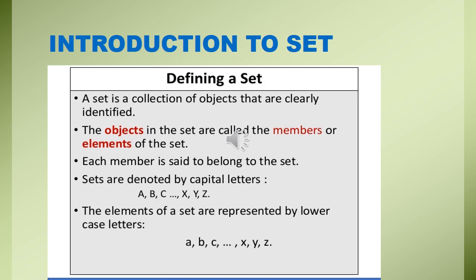Clear? But in mathematics, we define a set as a collection of well-defined and distinct objects. Do you know what is the meaning of well-defined? It means each object is assigned a unique value.